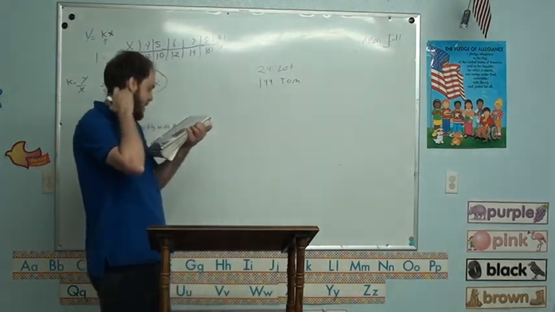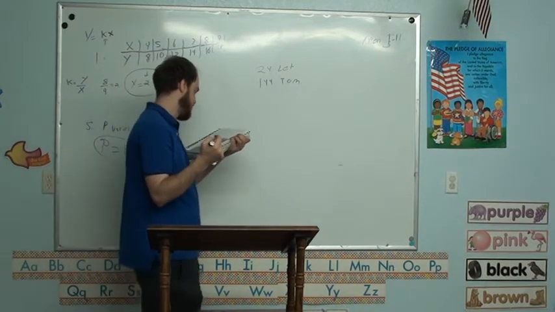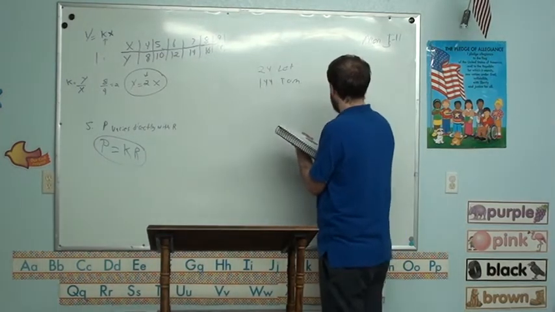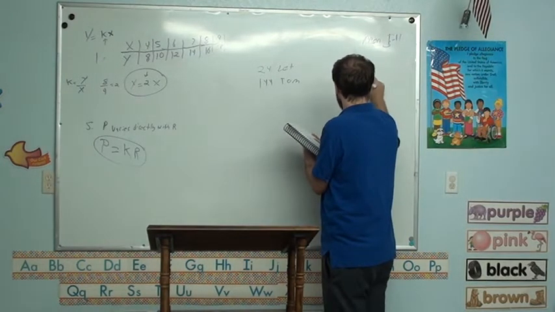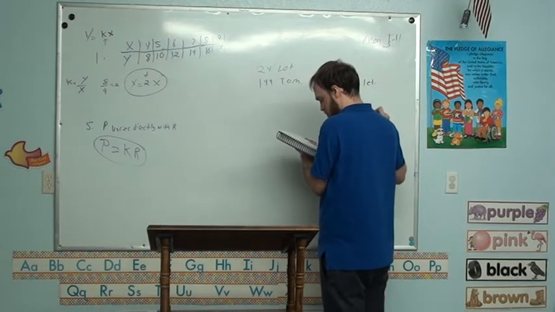Then it says, how many tomatoes were there if there were 52 heads of lettuce? So I want to know if there were 52 lettuce, how many tomatoes?